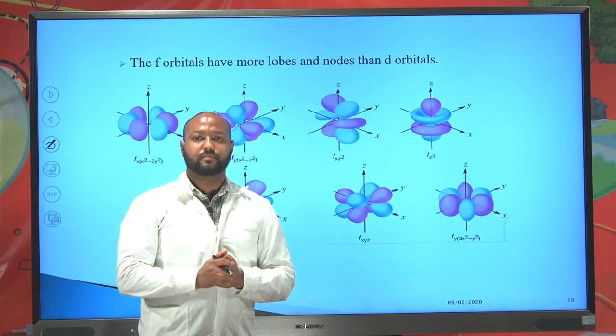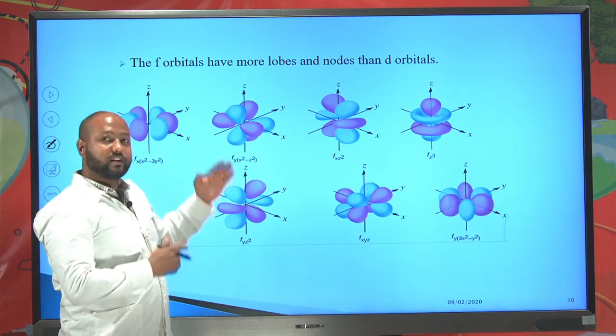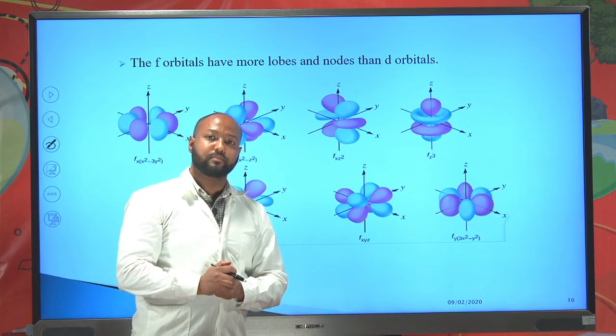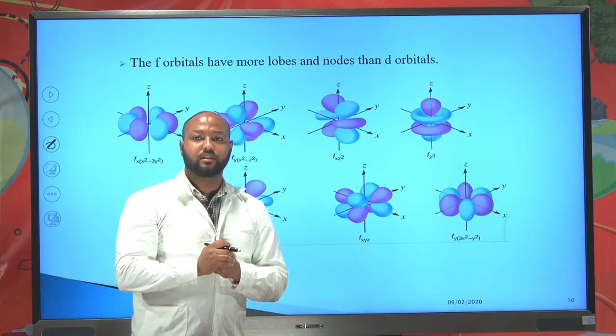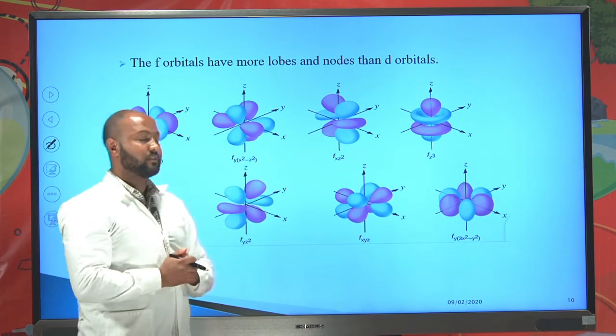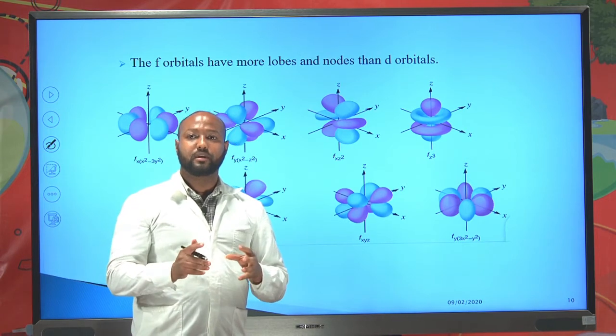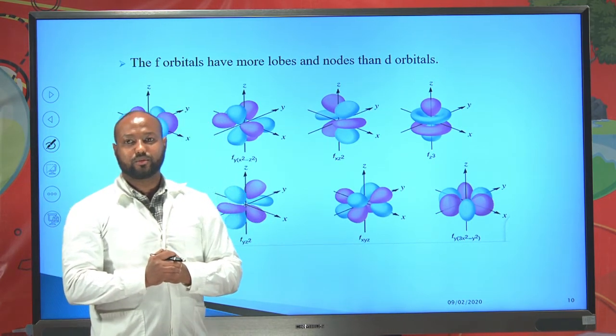When the energy level increases for each of them, except the s orbital, their lobes and nodal values increase, but their shape does not change. Thank you for your attention.